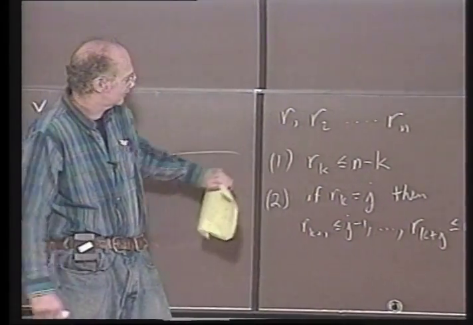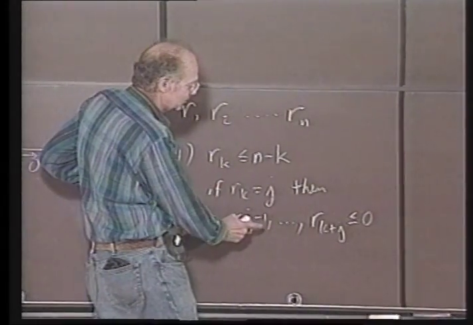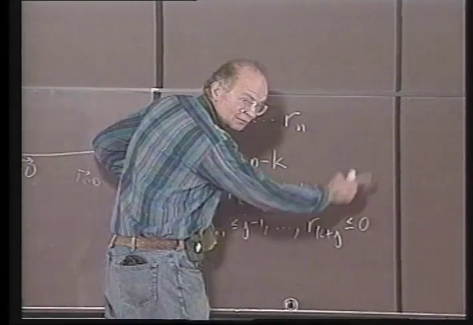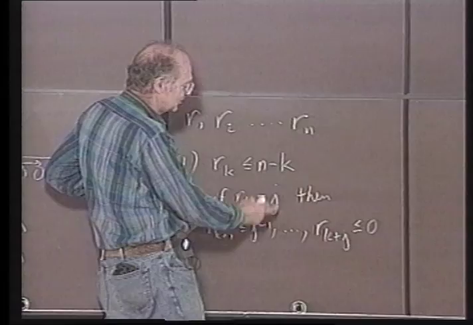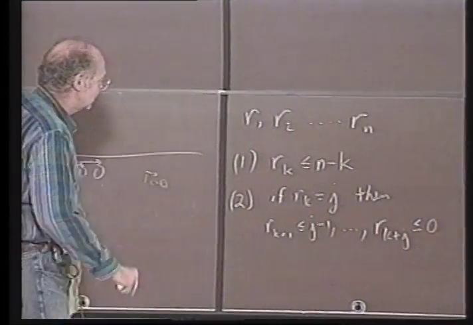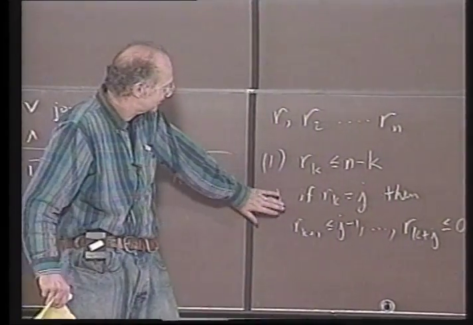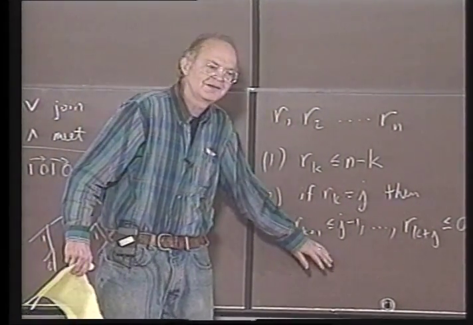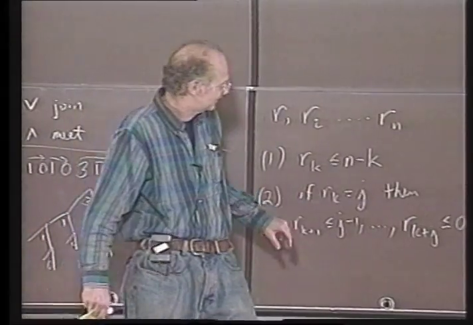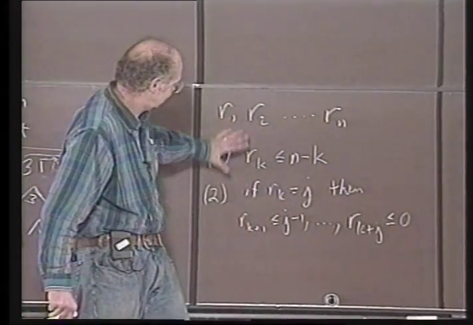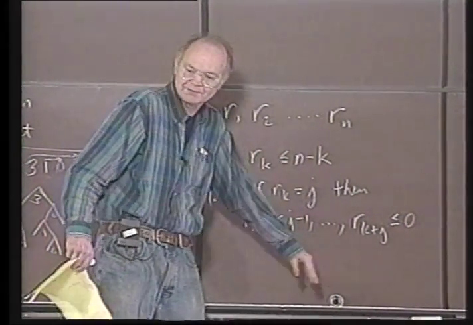And condition 1 would say that the first one is less than or equal to j minus 1, the next one is less than or equal to j minus 2, and so on, because n is equal to j in that case. So in other words, condition 1 was obvious. Condition 2 is secondarily obvious. It's a special case that follows from condition 1 when I look at subtrees.